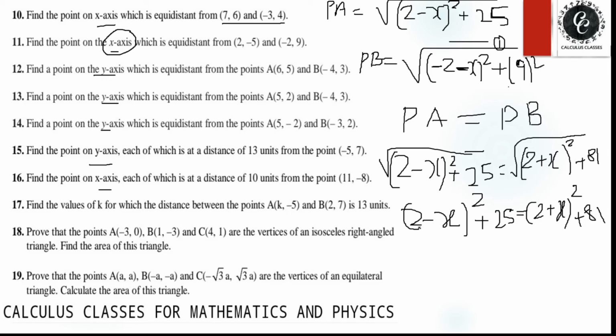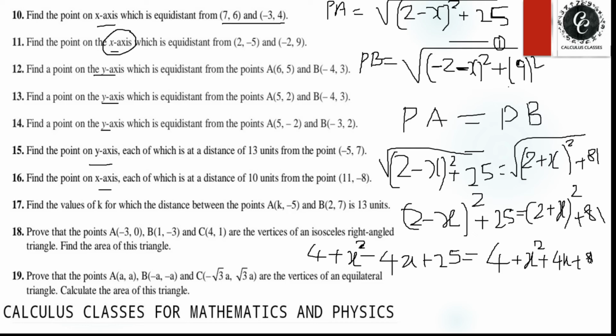Here we will apply the formula: 4 plus x square minus 4x, since (a minus b) whole square is there, and this is 2 only, plus 25. And similarly here we'll apply 4 plus x square plus 4x and plus 81.